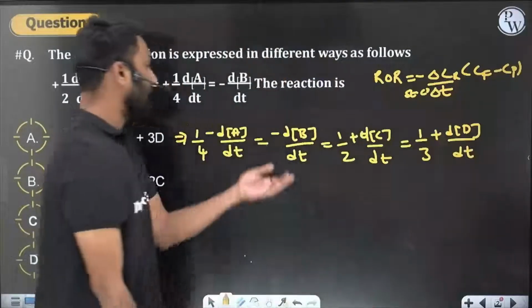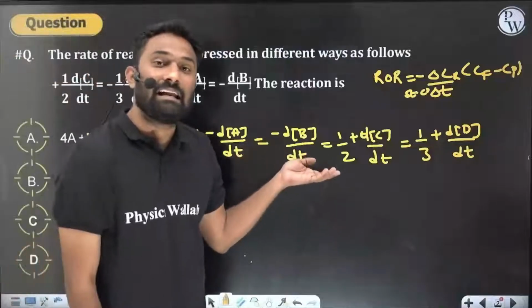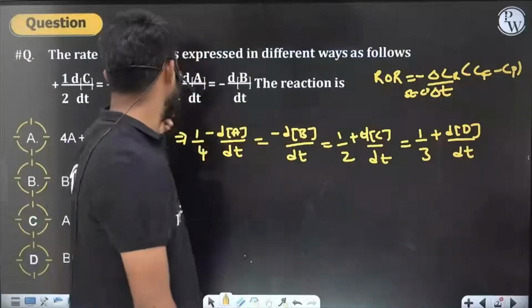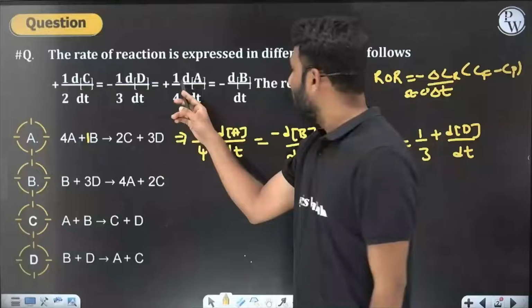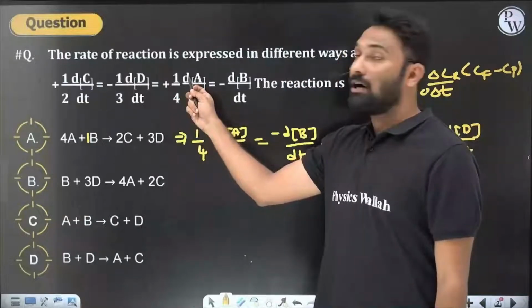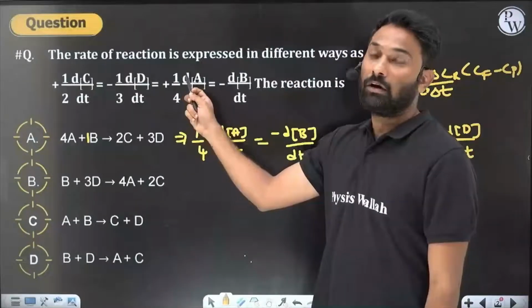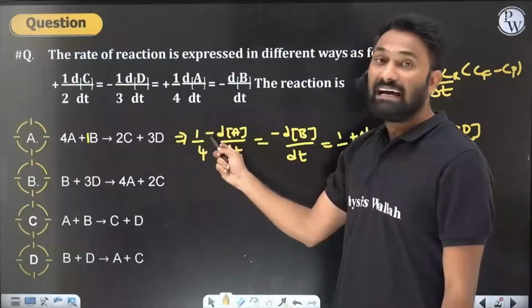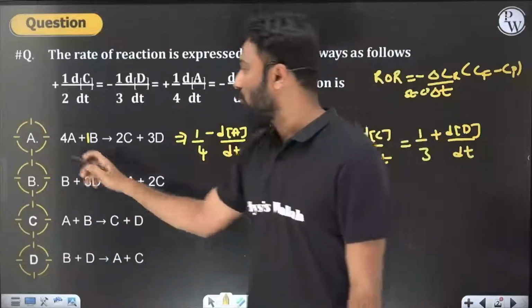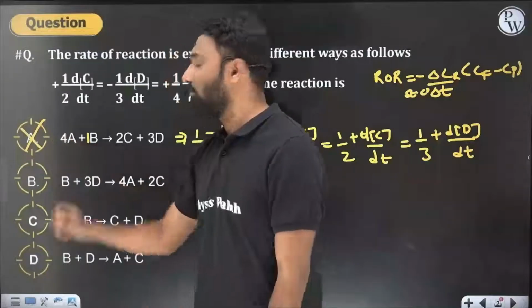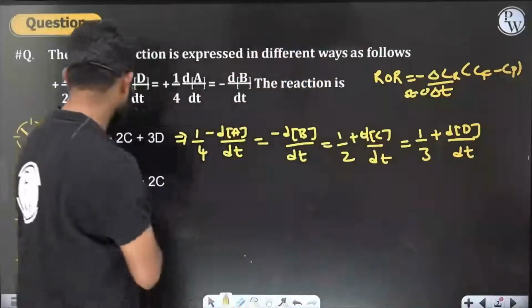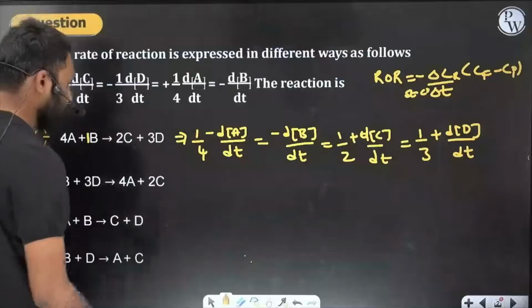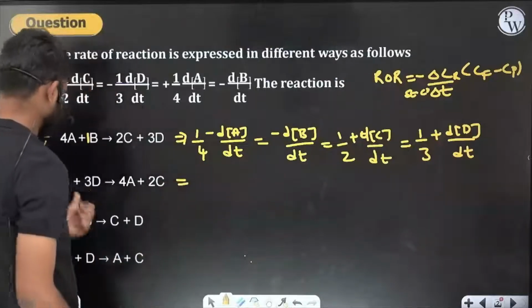Is this rate of reaction matching with the given option? Let's see. Here the concentration of A is positive, but it is on the reactant side, so it should be negative. So this option is wrong. Now let's see the next one.